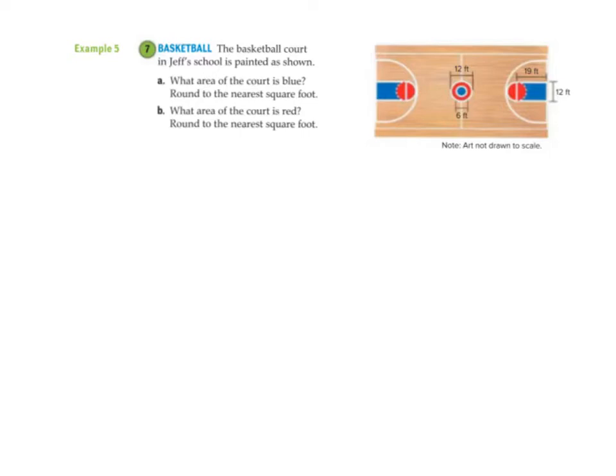Okay, so first and foremost, let's do the rectangles. Well, that's 2 times 19 times 12. Put that in your calculator, you'll get 456. So that's the total, but we've got to subtract one of the circles. Now the diameter is 12, so the radius is 6. So you've got pi r squared, and the radius is 6.